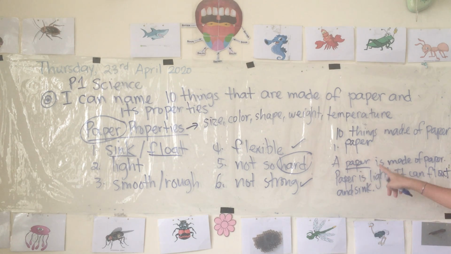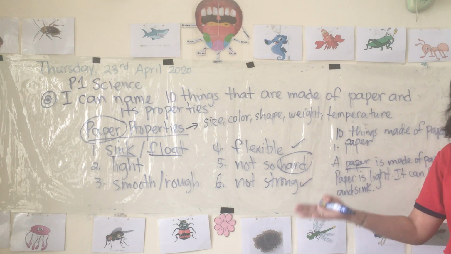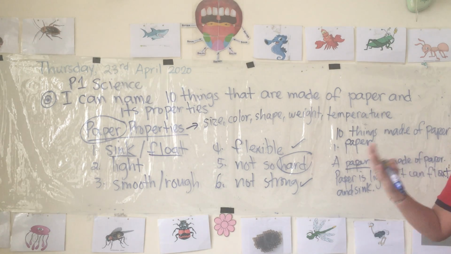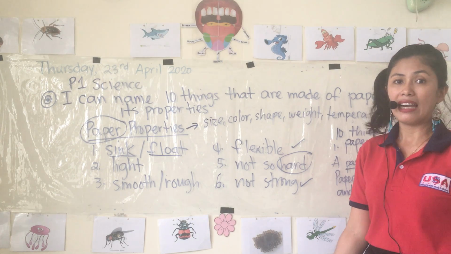So you can just change it and practice writing. You can describe a receipt is a material made of paper. It is light. It is smooth. It is flexible, like that.